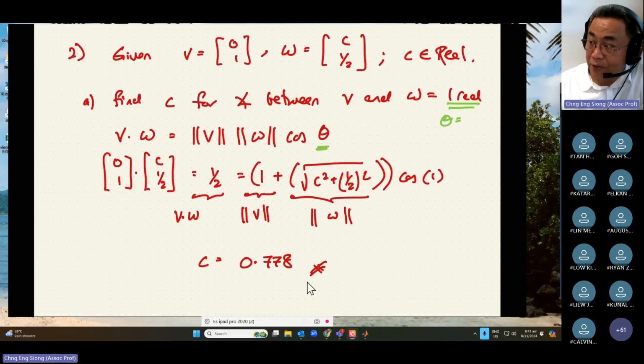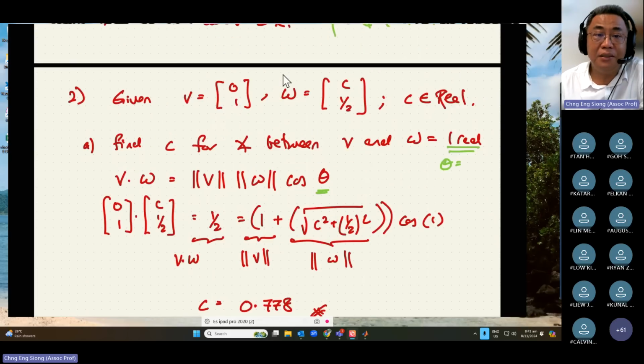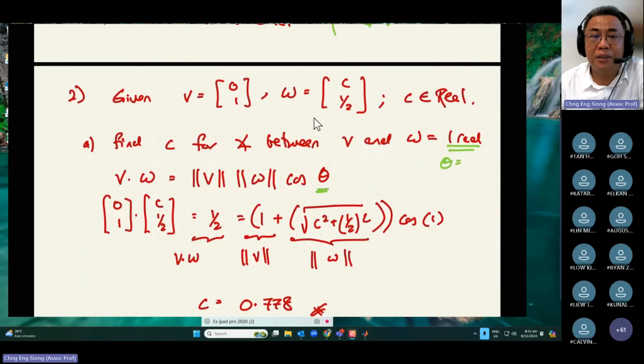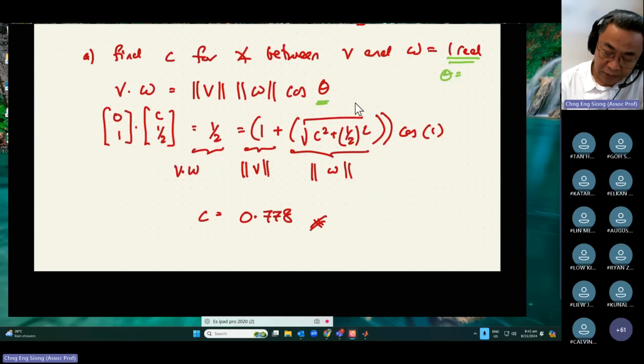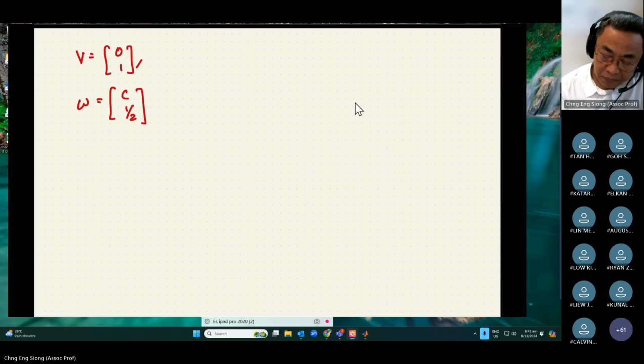All right, let's try. Now, I would advise you, of course, to be able to solve it algebraically, but let us see how to do this geometrically. So I'm going to plot the vectors V and W, and then answer the question intuitively. V equals 0, 1. W equals C and half. So I'm going to draw it this way.